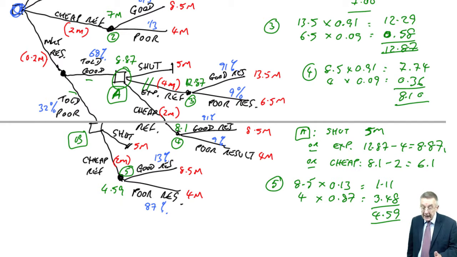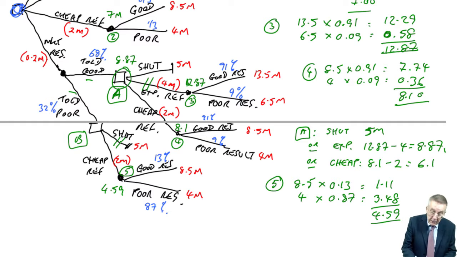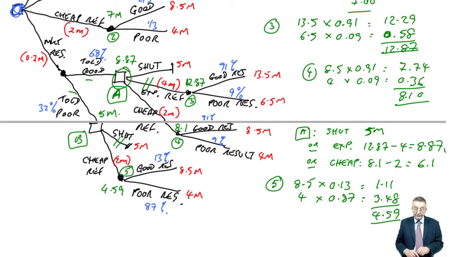We pay out 2 million to get back 4.59 million, a net 2.59. I think fairly obviously we would choose to shut. Therefore, if we do market research and they tell us it's poor, we know what the return would be because we'd shut. We know we'll get 5 million.